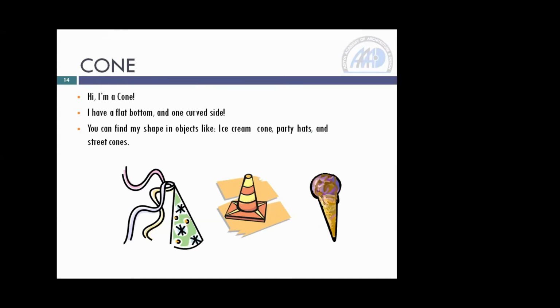The party hat is made up of a cone, and the street cones and everything show the denotation to stop or something like that. So this is to eat and this is to party. These are all the basic shapes in the 3D dimension that we are seeing. So this is the cone. Next one.